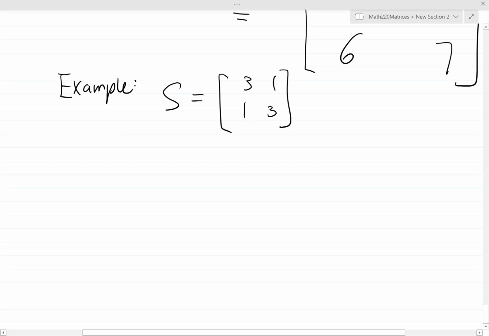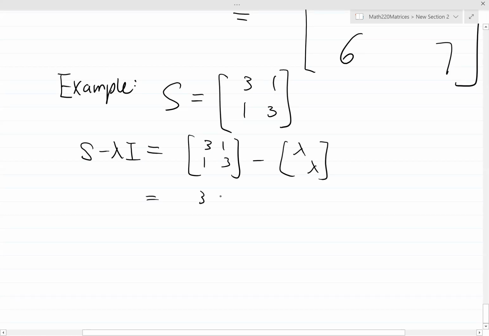So you see this is symmetric. So first find the characteristic polynomial. You find S minus lambda I. So you get 3 minus lambda, 3 minus lambda. The off diagonal entries do not change.